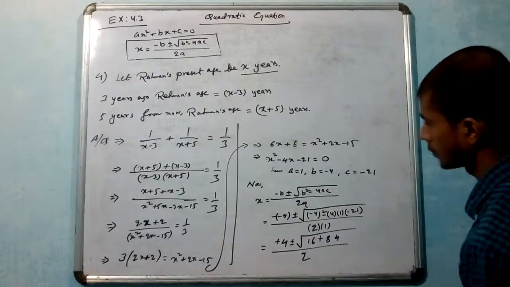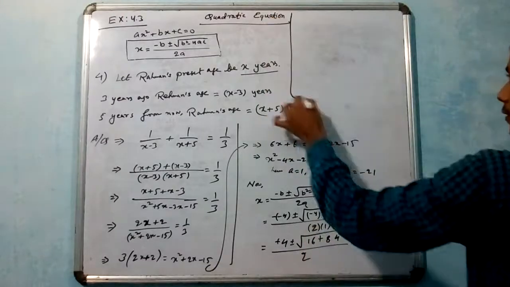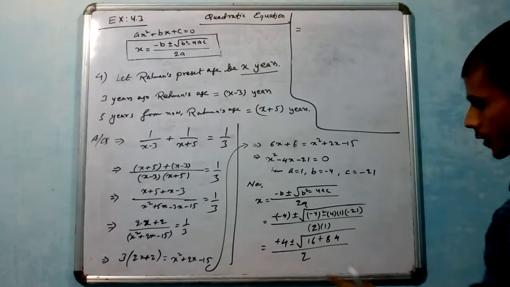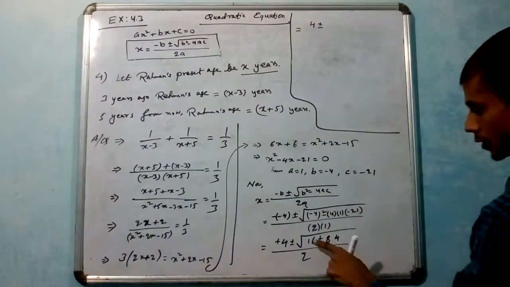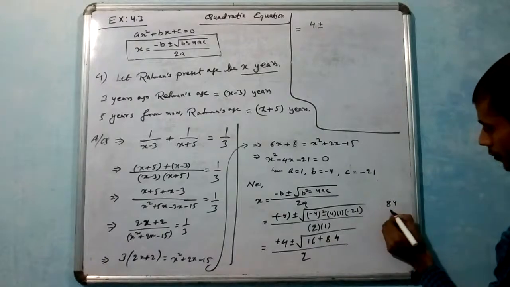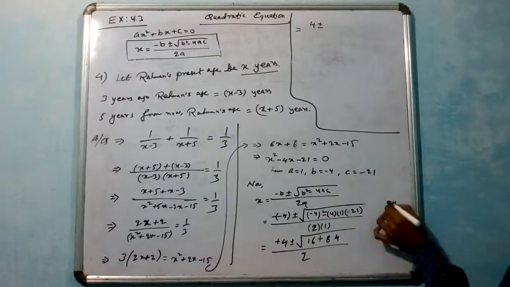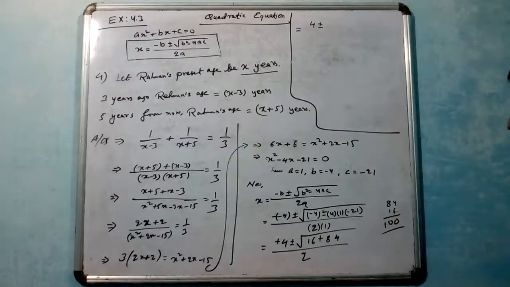Then next is equal to 4 plus minus square root of how much? 84 plus 16, that is 100. So square root of 100 is 10, 10 into 10.